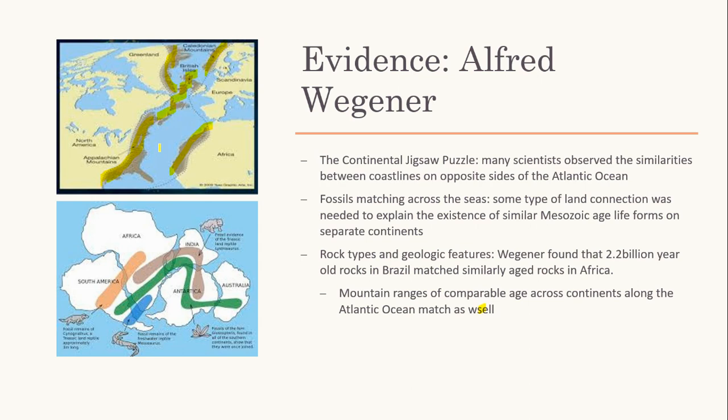So all these mountain ranges look to be about the same age. They have about the same composition. This lets us know that these were the same mountain range, and they have just been torn apart by plate tectonics.